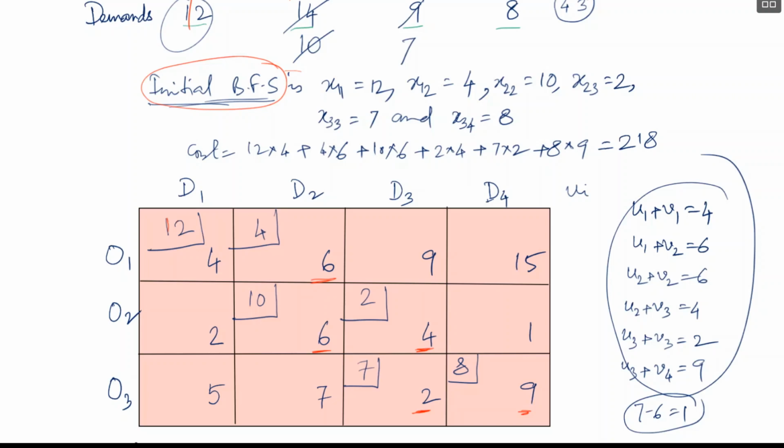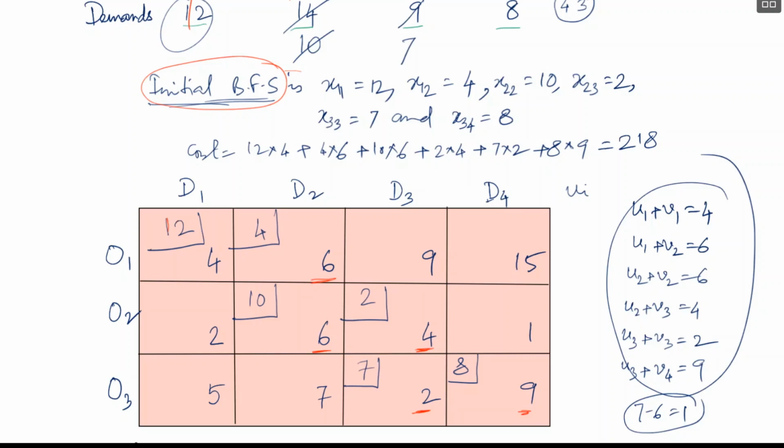In fact, it will be suitable to choose ui or vj 0, that one in whose row or column maximum number of allocations have taken place. Here we see in each row there are 2 allocations, and also in columns 2 and 3 there are 2 allocations. In column 1 and 4 there are only 1 allocation.